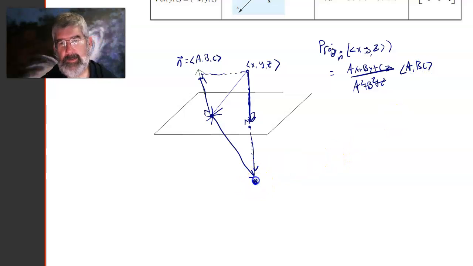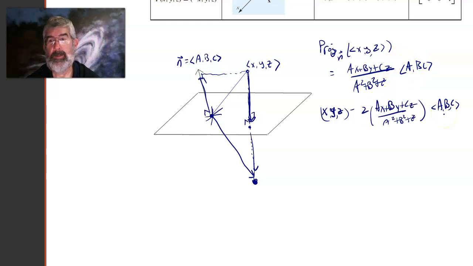And so the point that I want down here is the original x, y, z minus 2 times this projection.